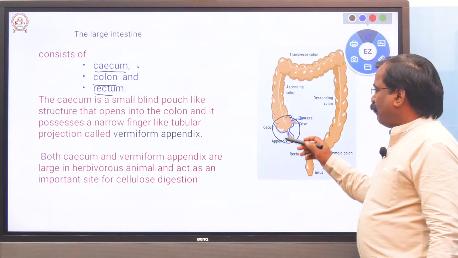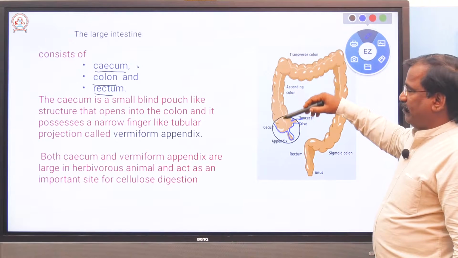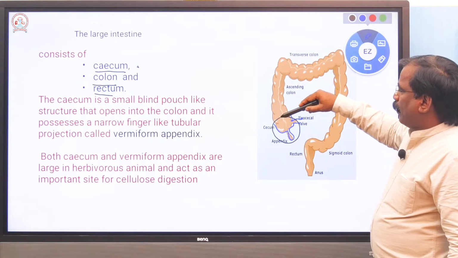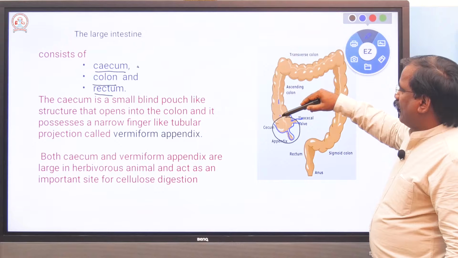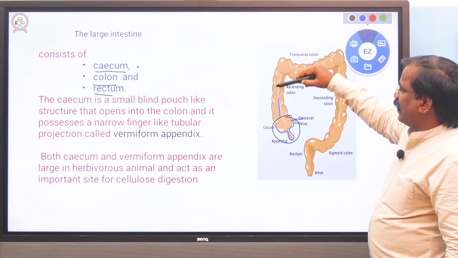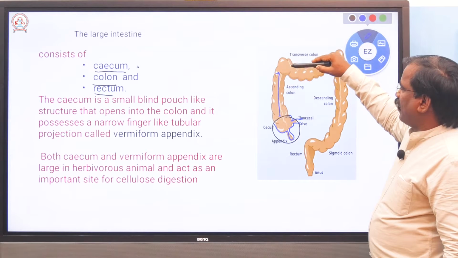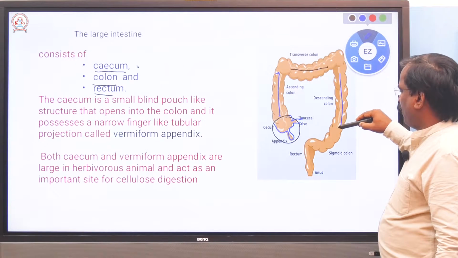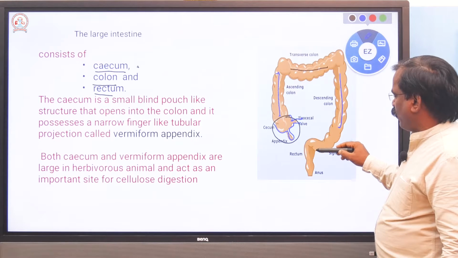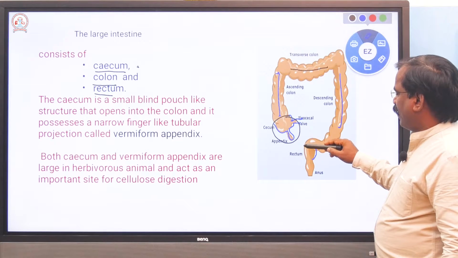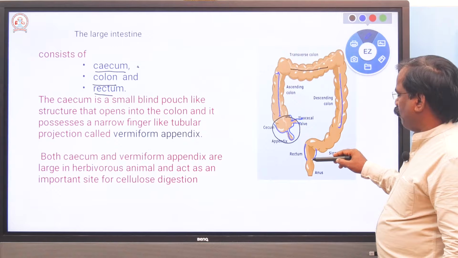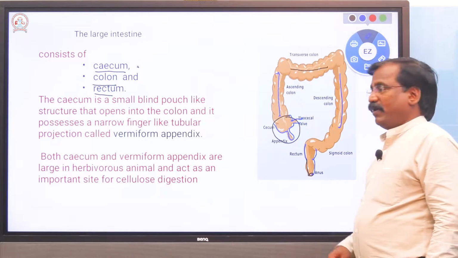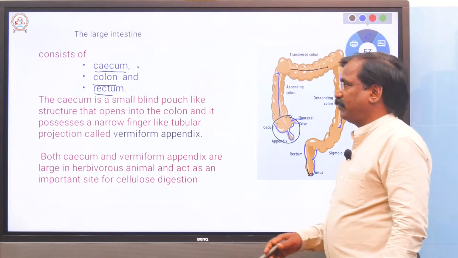Then after cecum is the colon: ascending, transverse and descending. Next is the sigmoidal colon, after which is the rectum, and the rectum opens exterior through the anus. One by one we are going to discuss.